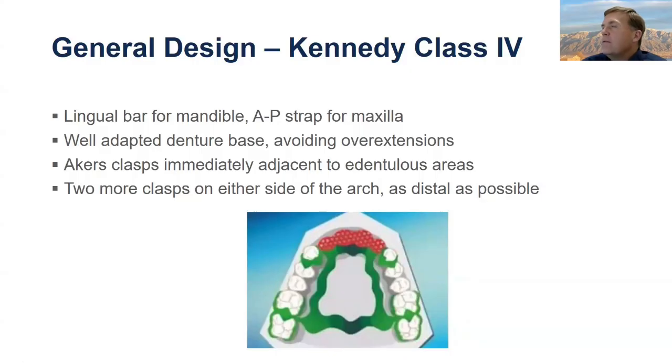Kennedy class 4, again, many things are similar. The one thing we want to look for is, are there ways that we can use a more aesthetic clasping scheme to make the case look nice for our patients?